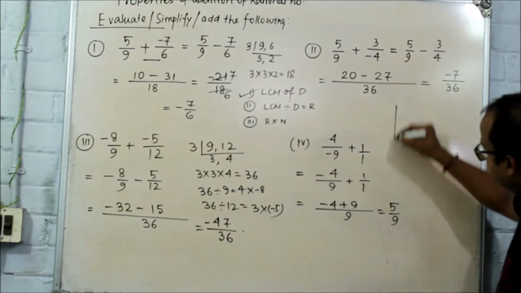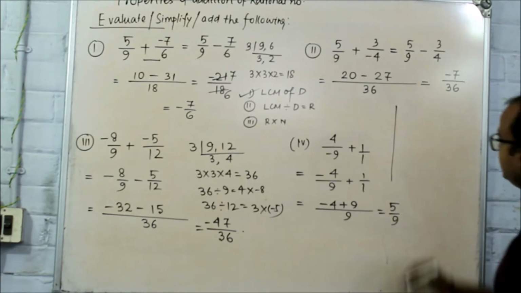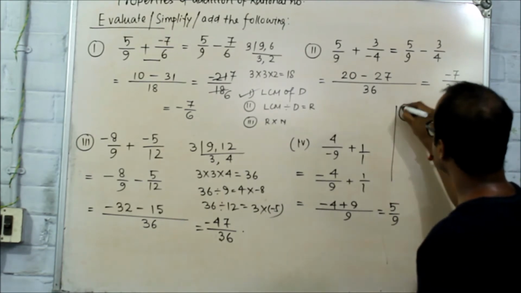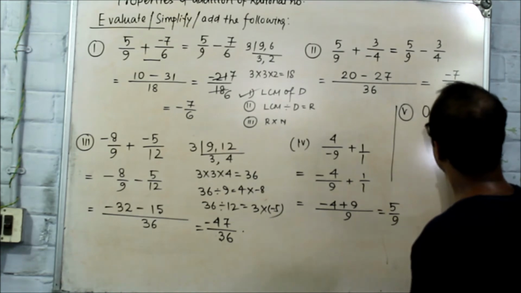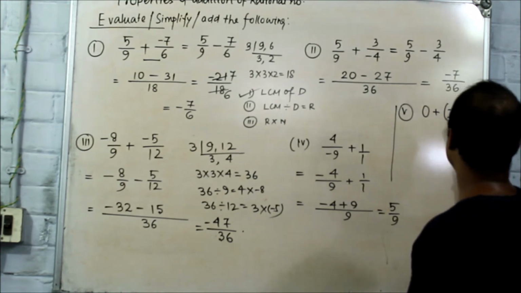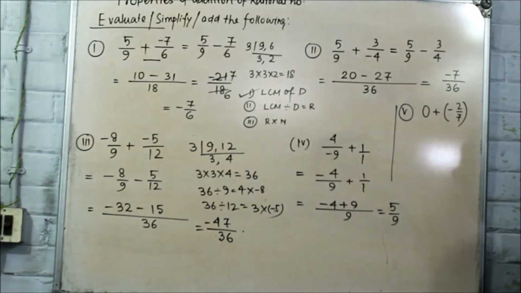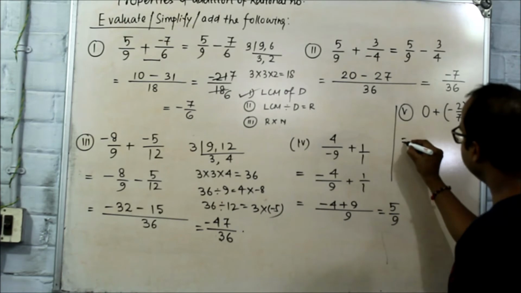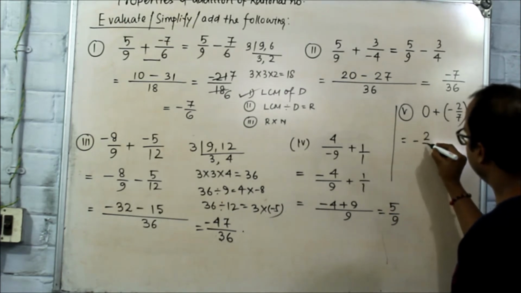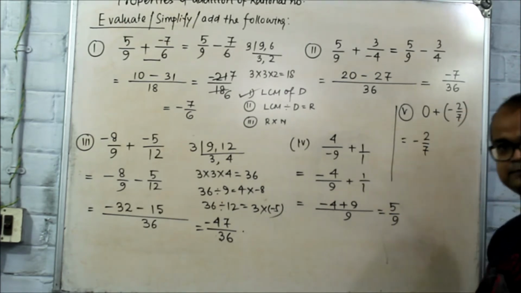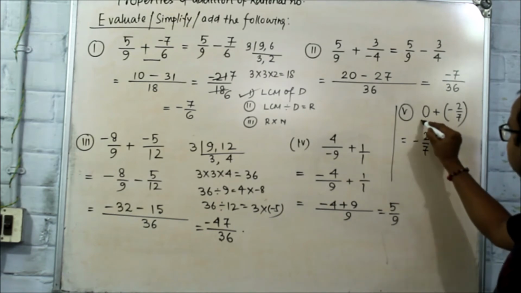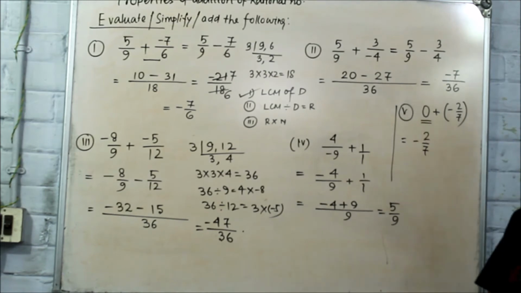Now one example I am taking here. Suppose the question is given as 0 plus of minus 2 by 7. So just write it as minus 2 by 7. Why? Because 0 is additive identity.